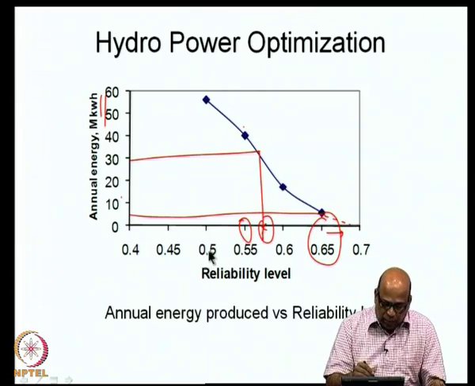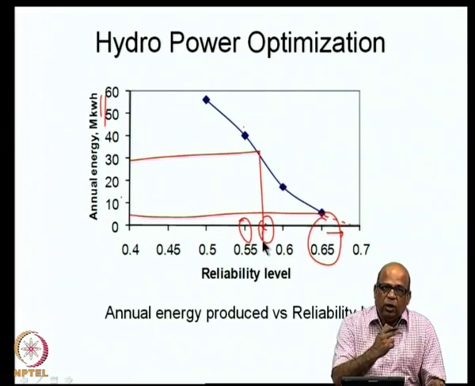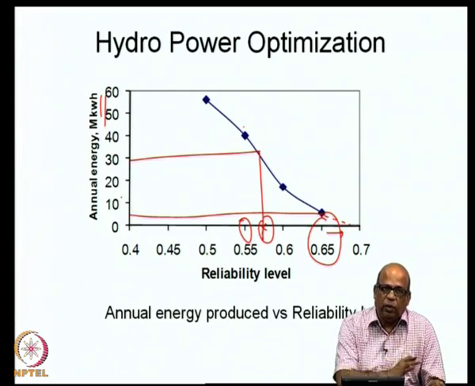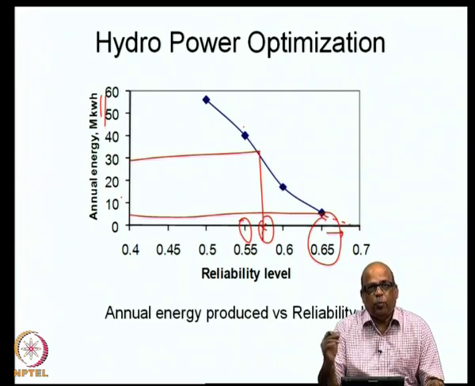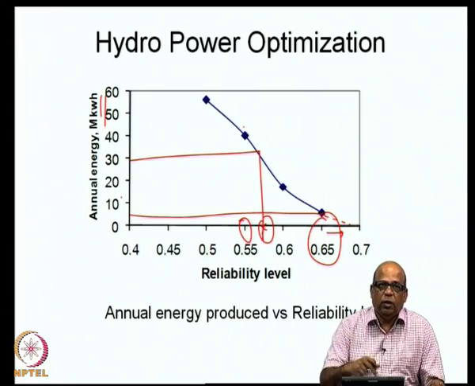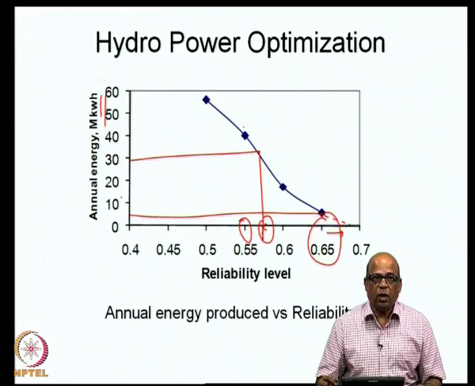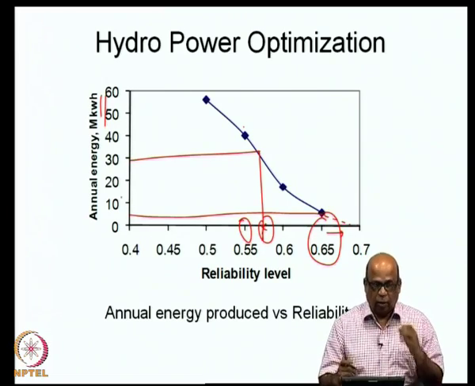It gets decided because associated with this reliability level, there is a particular inflow sequence that you need to use, and that inflow sequence, which is governed by the probability distribution of the inflow, which has been determined based on the historical data, that will dictate how much water is available for power generation after meeting the irrigation demand at a particular reliability level. So, this is how you optimize the hydropower generated.